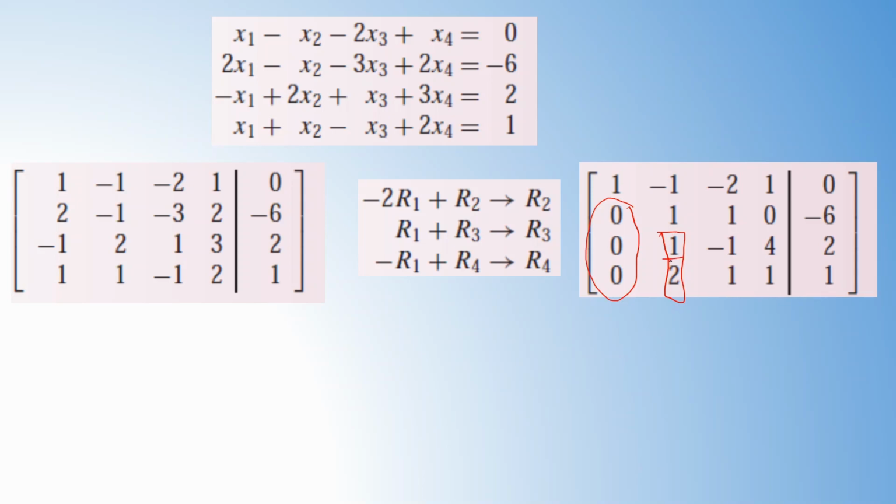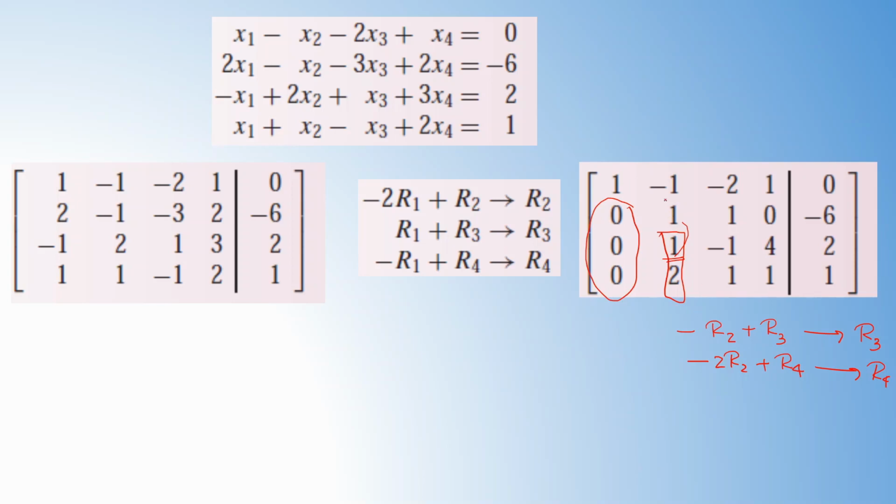To do the first one, you can multiply the second row by minus 1 and add it to the third row to make the new third row. And to make this entry 0, you can multiply the second row by minus 2 and add it to the fourth row. You can make this entry also 0.